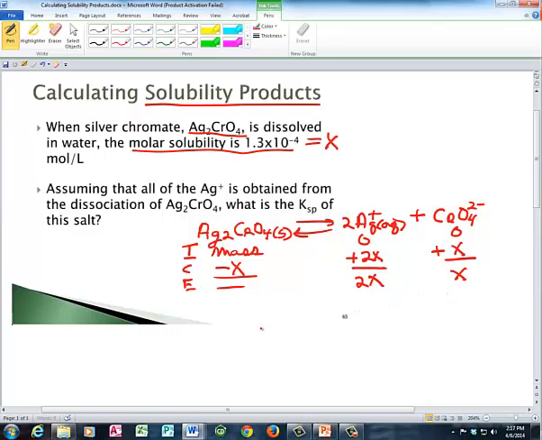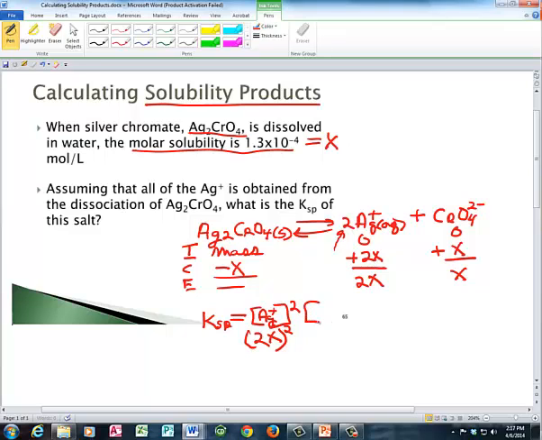So we put together an equilibrium constant expression, and we know that Ksp is equal to the concentration of silver ion, which we've computed with our ICE table to be 2X. We need to square the silver ion because its coefficient is 2, so we square the 2X.